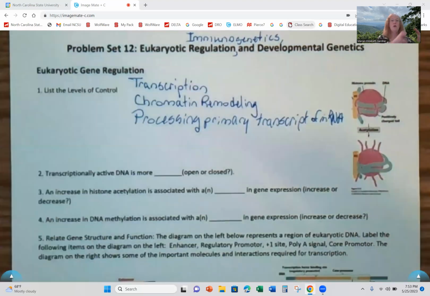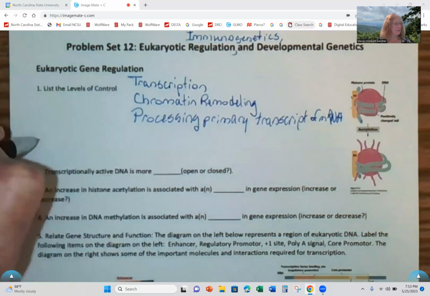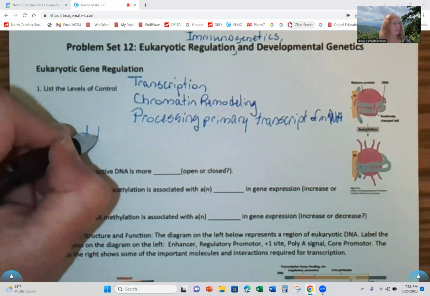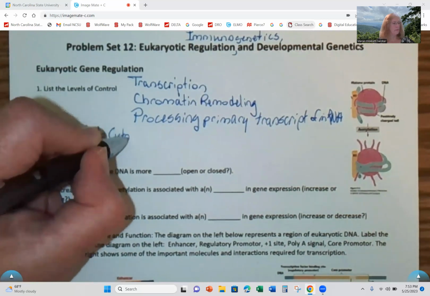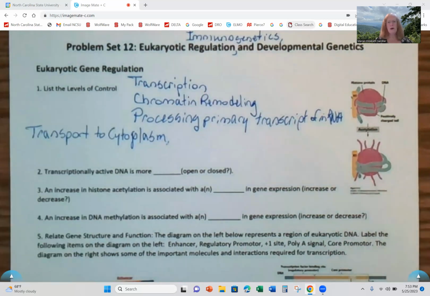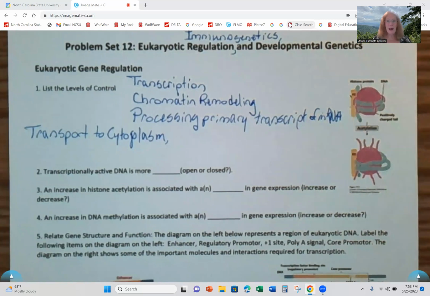Then we have transporting that processed messenger RNA out to the cytoplasm. Once that messenger RNA is in the cytoplasm, it might be translated, it might not be translated. It might just kind of hang around.